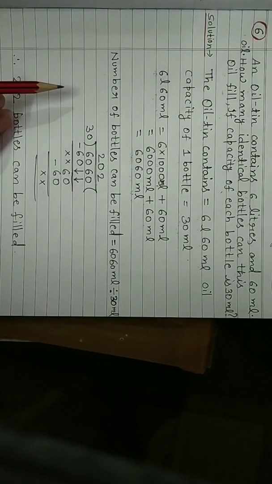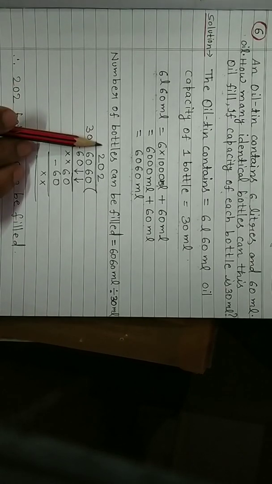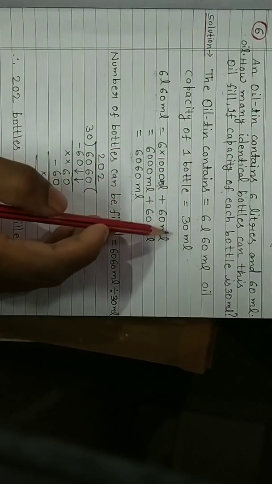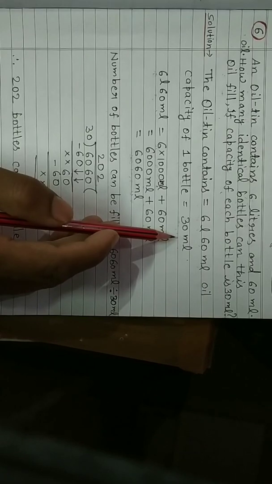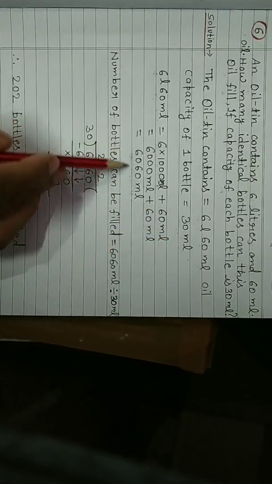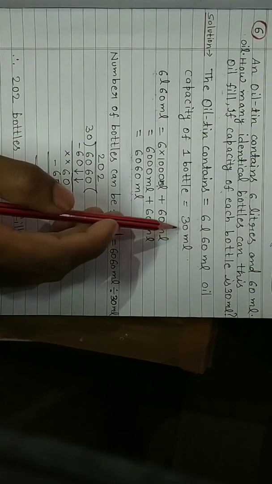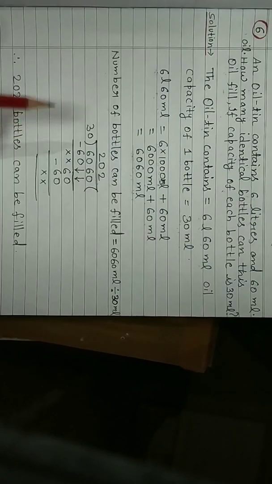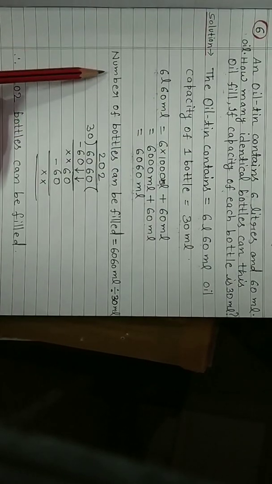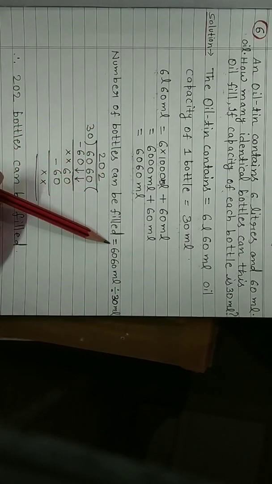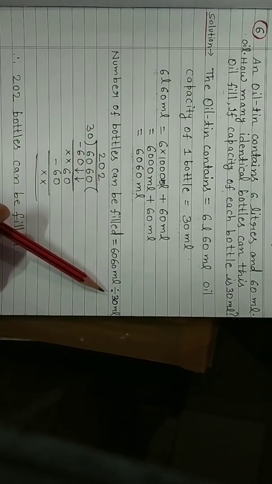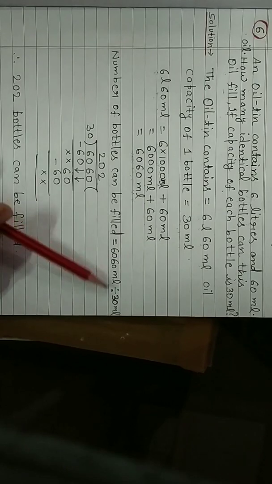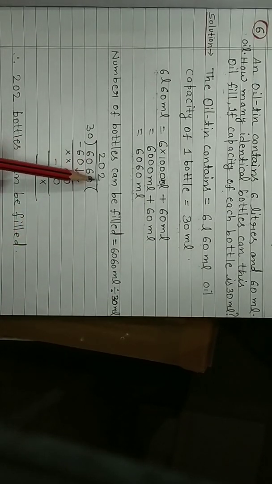So now we are going to find the number of bottles, and for this we are going to divide this 6060 milliliter by this 30 milliliter. Why? Because this much amount of oil is distributed in bottles which have capacity of 30 milliliter. So here I have written number of bottles that can be filled equal to 6060 milliliter divided by 30 milliliter, and here I have divided these two numbers and the answer is 202.